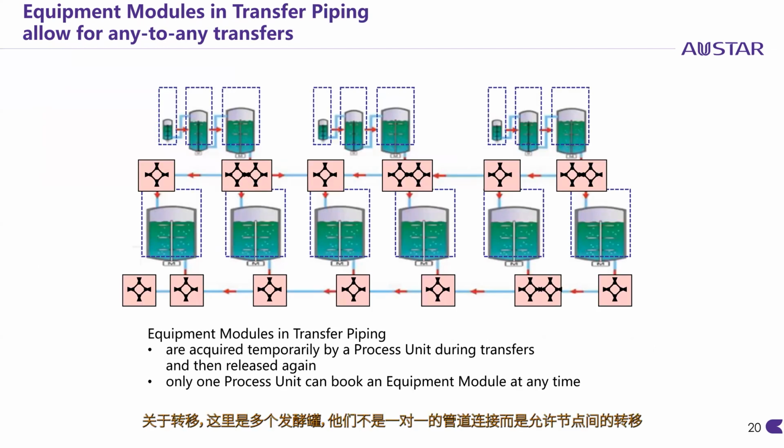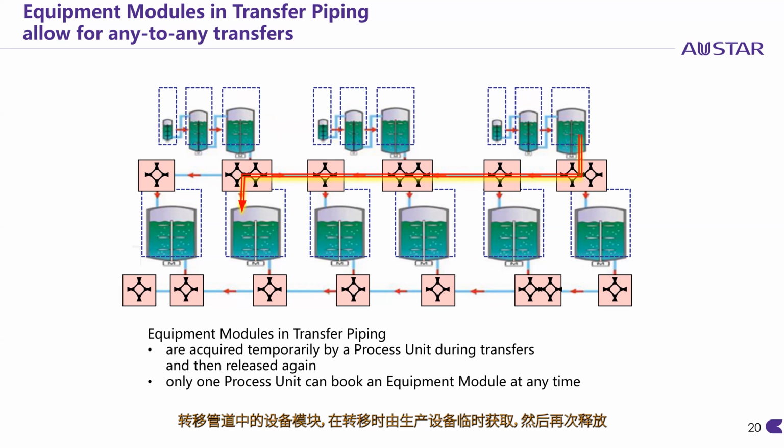Now, in the case of transfer, as you see here, we have a lot of fermenters that are somehow connected. There's not a one-to-one piping, but a piping system that allows us finally to transfer material from, let's say, top right to another one, requiring then some of these transfer equipment modules to be activated.